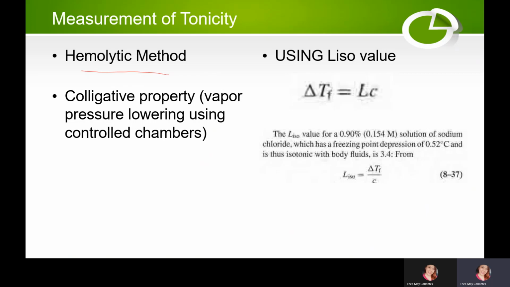So maybe there were instances in which they formulated or drank mushrooms, inserted things into their bodies, and then there is a reaction. So maybe they somehow speculated that this kind of concentration is not suitable for our body, right? Stuff like that. So hemolytic method was used before to determine if it is isotonic or hypotonic.